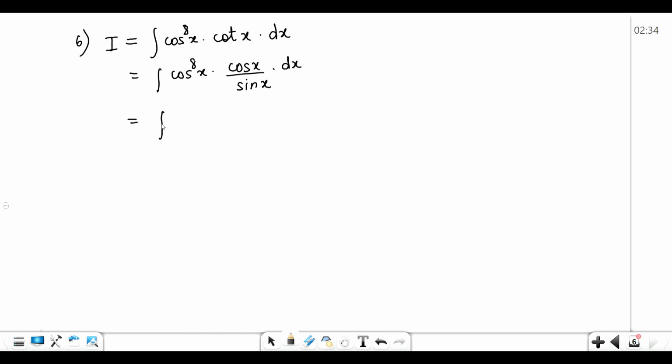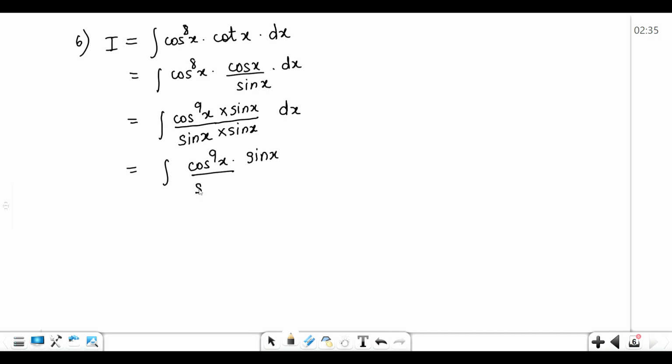Then we'll multiply and divide. Now cos raised to 8 and cos x becomes cos raised to 9 x. We have sin x in the denominator, so we'll multiply and divide by sin x. That becomes cos raised to 9 x into sin x upon sin square x dx.